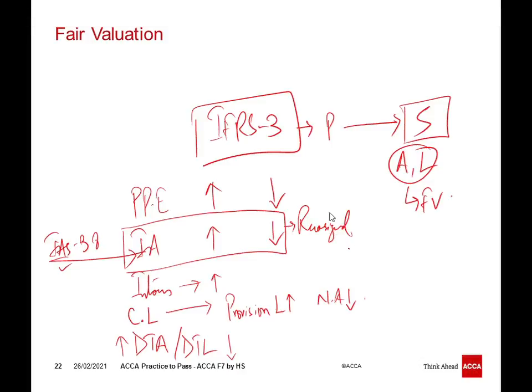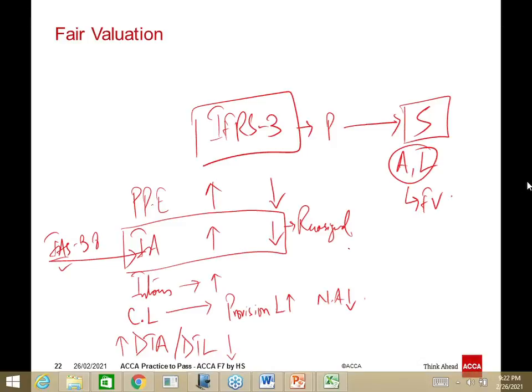So when you are practicing from the exam kit, there could be an adjustment of internally generated brands, internally generated customer lists, or any other type of intangible assets which are normally not allowed under the scope of IAS 38. Right now I'm talking only about the subsidiary company. It has nothing to do with the parent company.